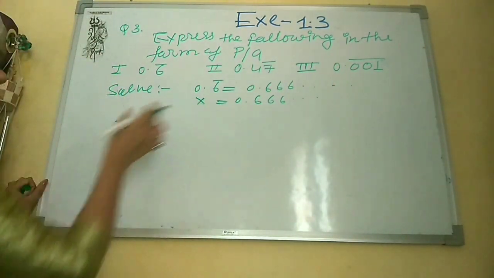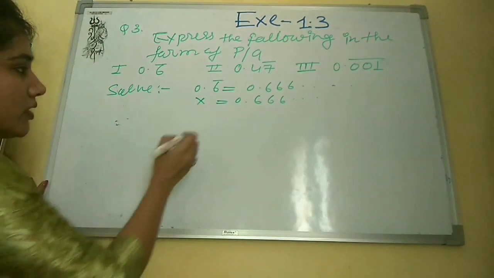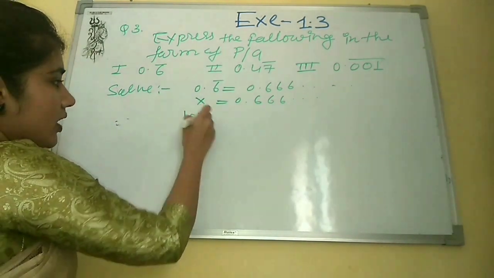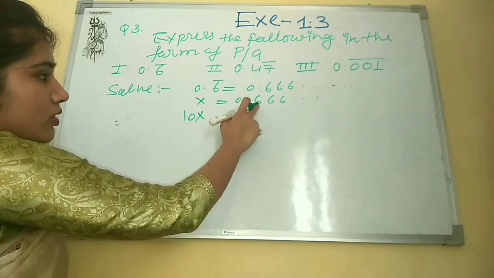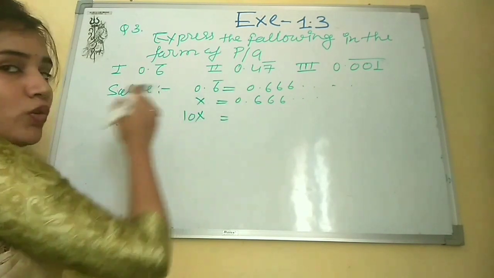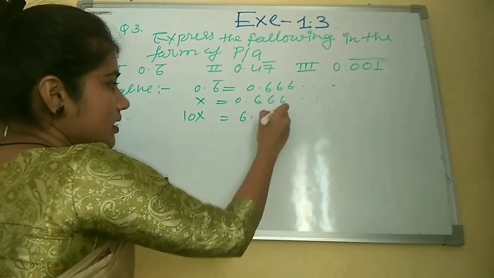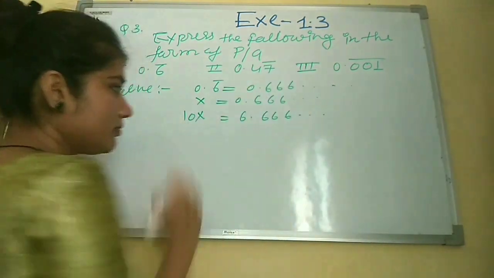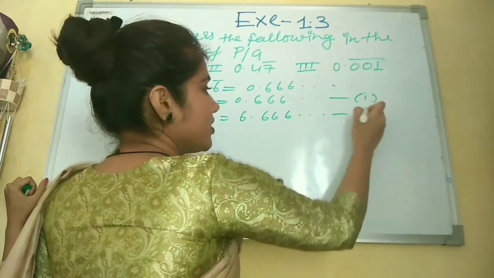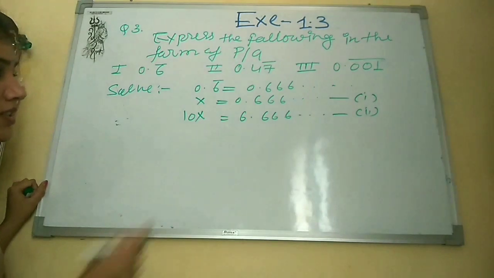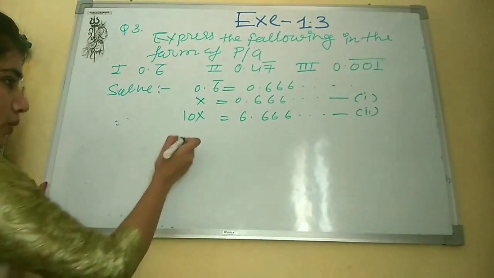Now just multiply by 10 on both sides. So what we will get, this is 10x and the 6 will multiply with the 10, so this 6 will come before the point, so this will be 6.666. Okay, now we are marking this as equation 1 and this as equation 2. Just subtract equation 1 from equation 2.